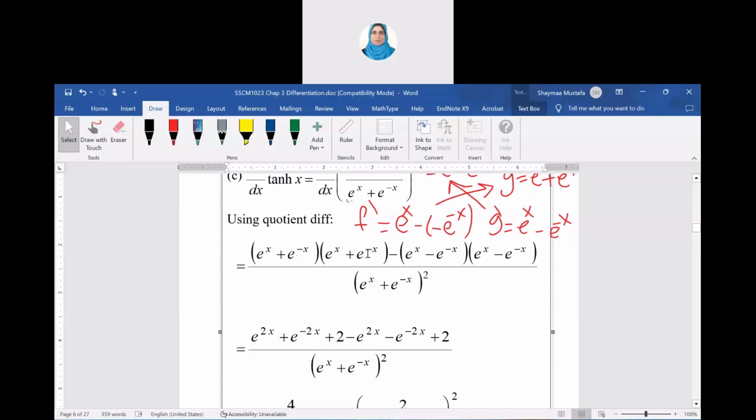And again e^-x times e^x, exponential 0, which is 1. So 1 plus 1 we have 2.